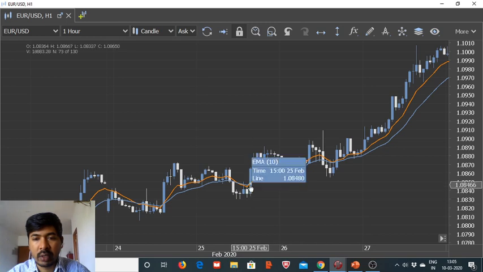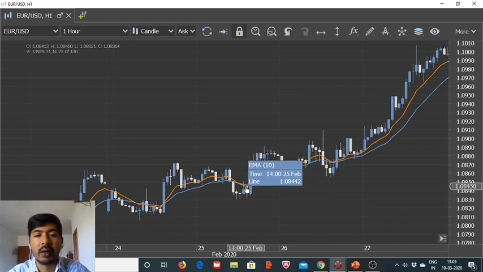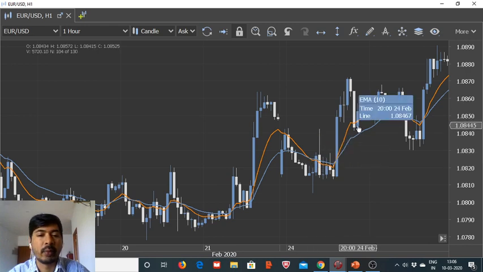But as you can see here, the probability of ending up in profit was particularly high, but not much here. We would have naturally ended up in loss, and here also loss only, here maybe profit.